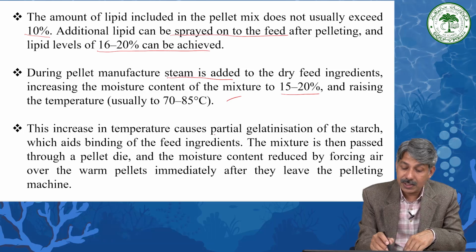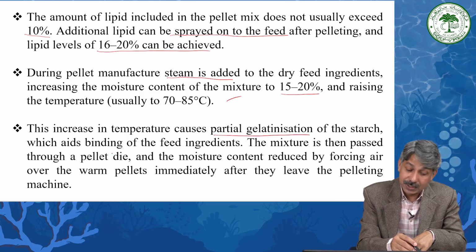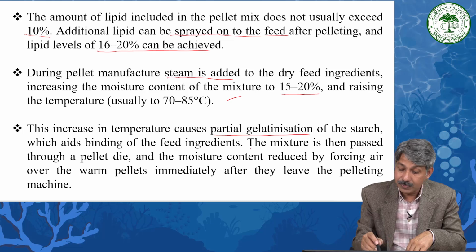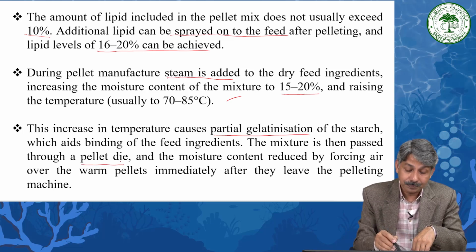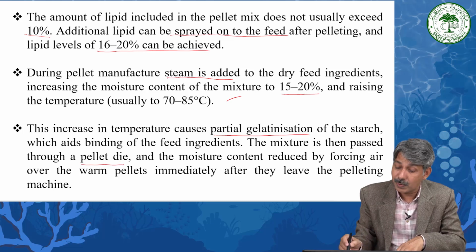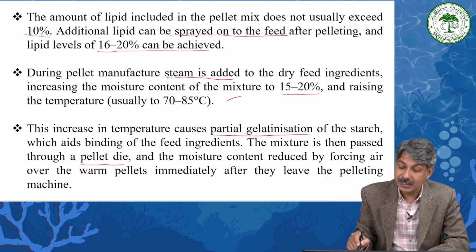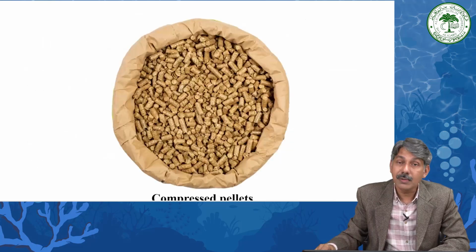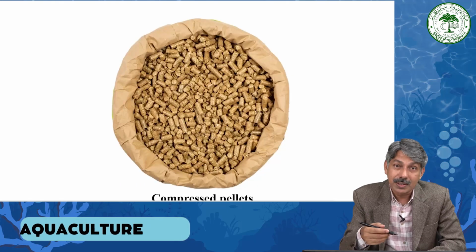This increase in temperature causes partial gelatinization of the starch, which aids in binding, as we all know, of the feed ingredients. The mixture is then passed through a pellet die and the moisture content reduced by forcing air over the warm pellets immediately after they leave the pelleting machine. That way you can produce good compressed pellets.